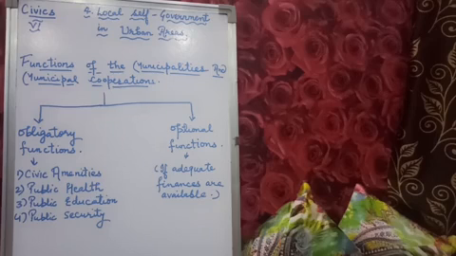So in many of the cities we can see these optional functions are there. These facilities are there, but only if the financial condition is adequate. In your city and in many cities you have seen fairs and exhibitions are there. Okay, so these are the optional functions.